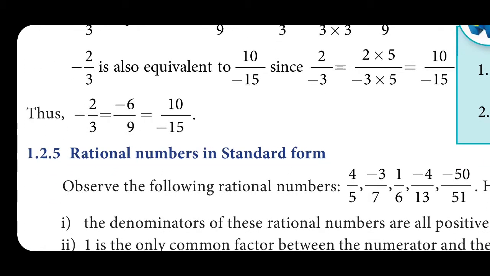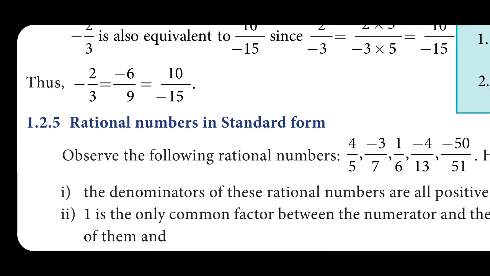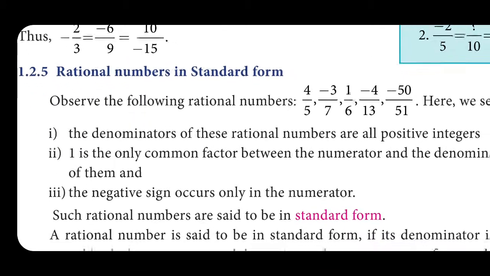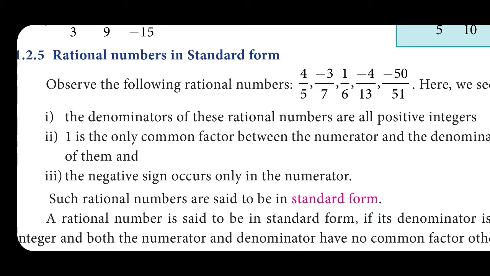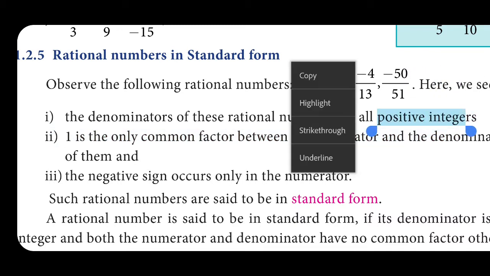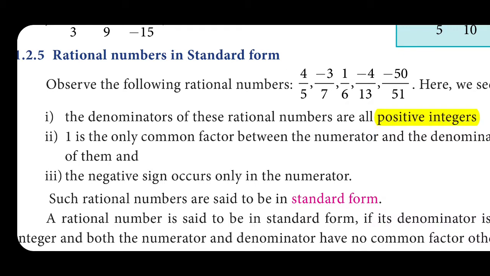Next, rational numbers in standard form. A rational number in standard form satisfies three conditions. First one, the denominator of the rational number is always a positive integer. Next, the only common factor of the numerator and denominator is 1.